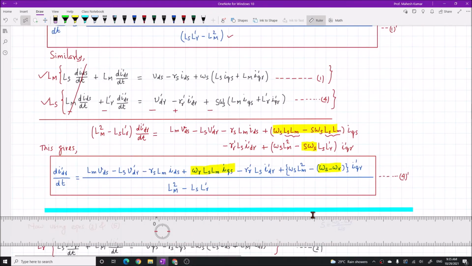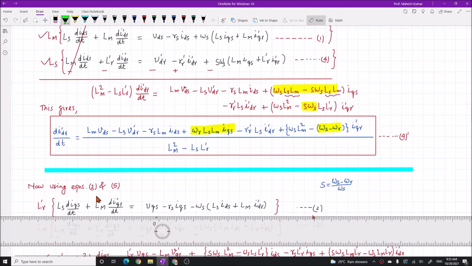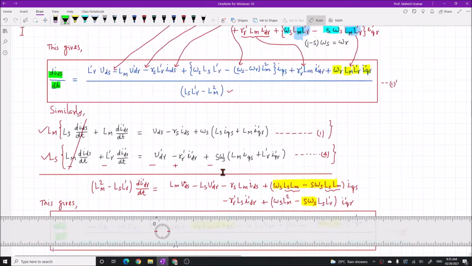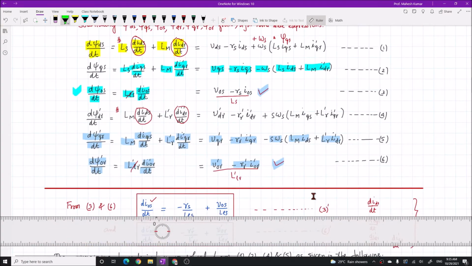Alright, so we get the dids/dt term. Then we will get didr'/dt from the 1st and 4th equations. Similarly, we solve from the 2nd and 5th equations. You can see here the 2nd and the 5th, that is this equation.